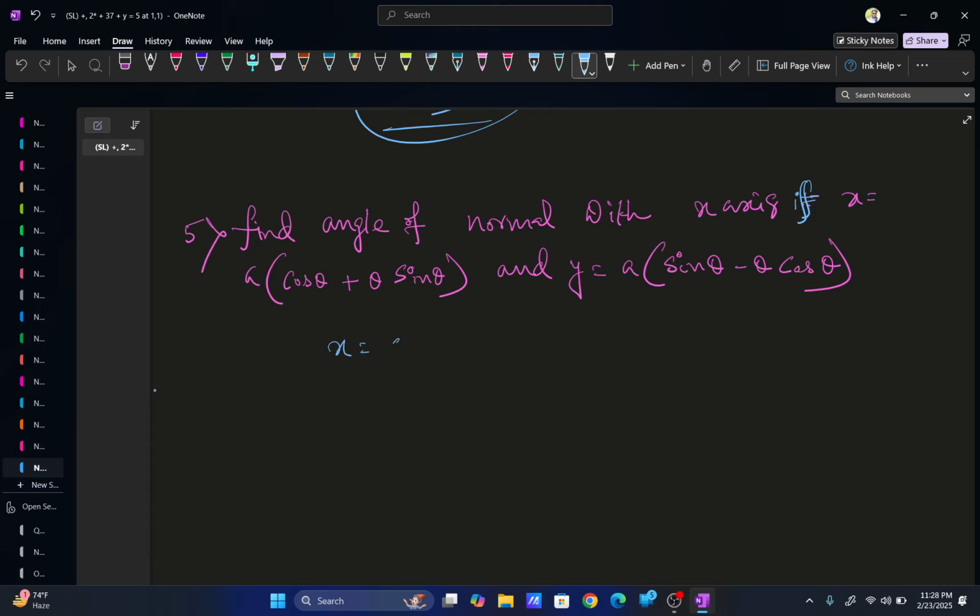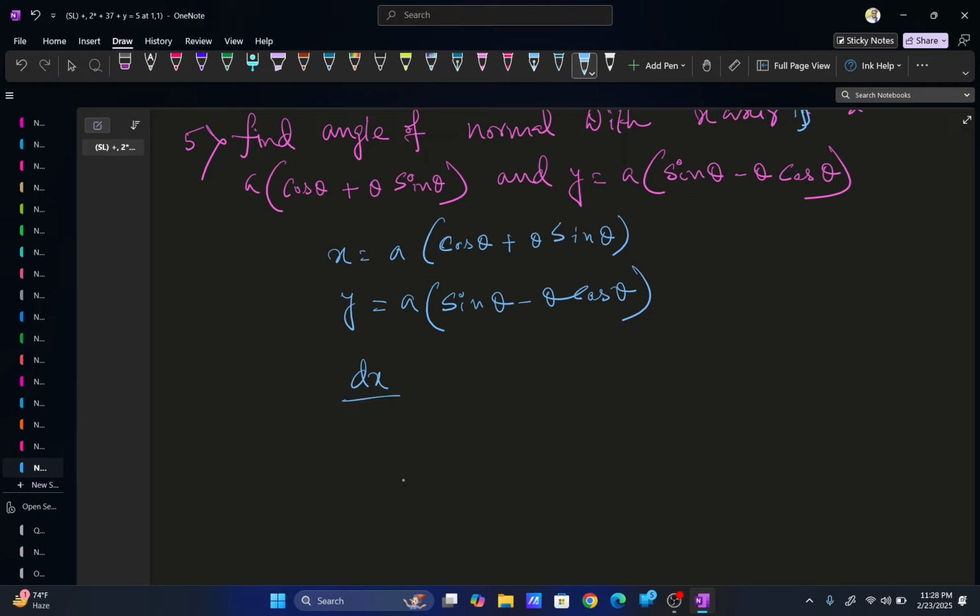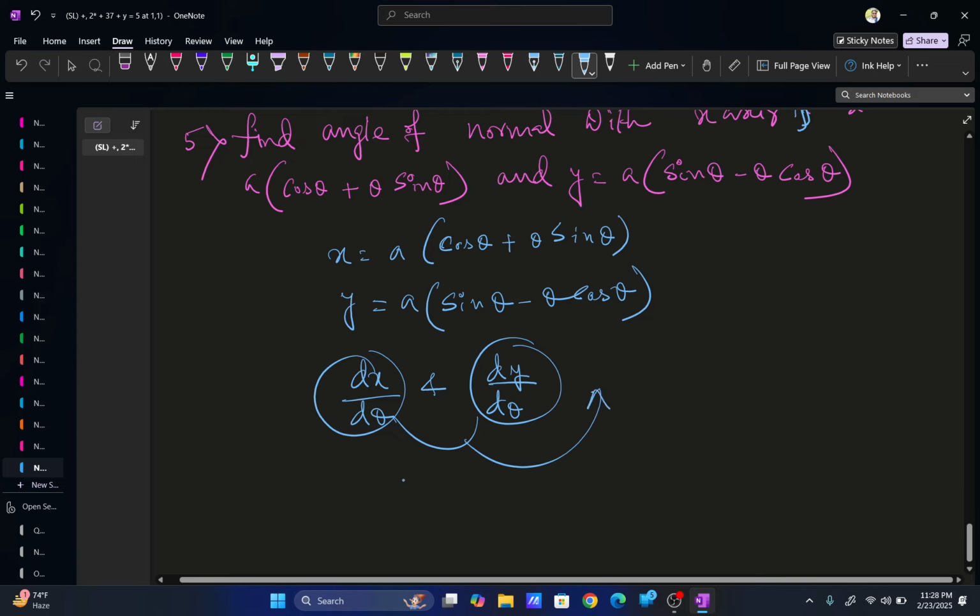Basically, in that case, we have x equals a cos theta plus theta sin theta, and y equals a sin theta minus theta cos theta. So what we do, we find dx by d theta as well as dy by d theta, and from these two we find dy by dx.